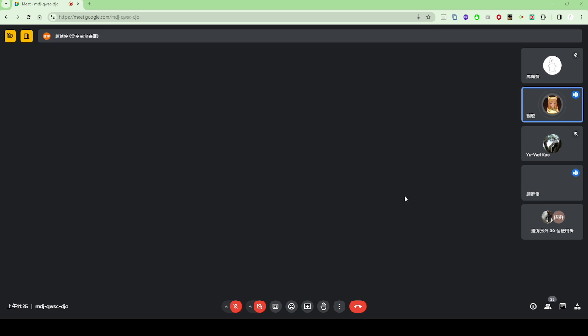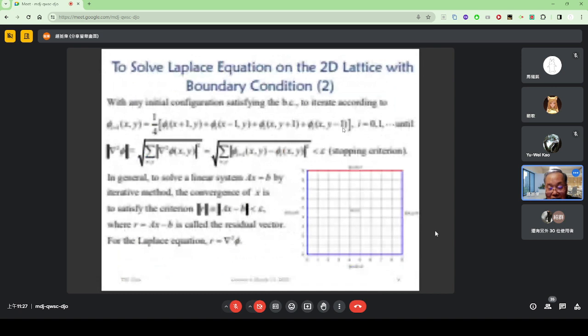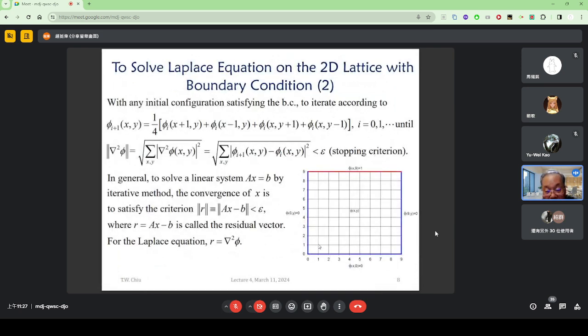Student: Suppose x and y are both 1, and nx and ny are both 5. Then your site would equal 1 plus 5, which is 6. Professor: So there is no problem. Go back to the lattice. You are saying this site, right?